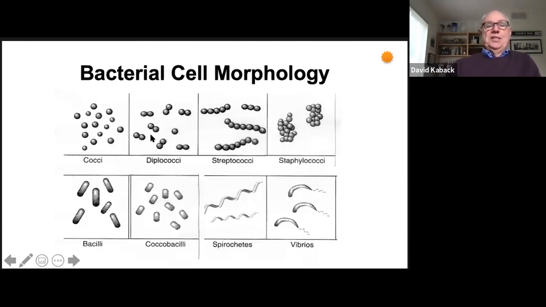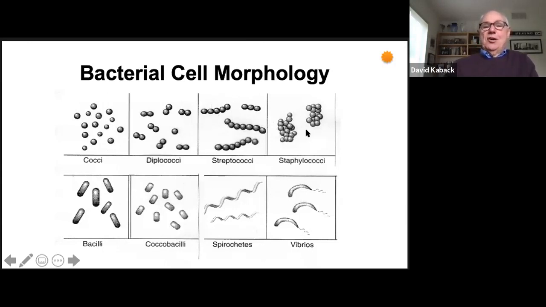And sometimes these cocci form pairs, in which case we refer to them as diplococci, double cocci. If they are in chains, we refer to them as streptococci, which comes from the Greek word for twisted, because you see these twisted coils of multiple cellular bacteria.